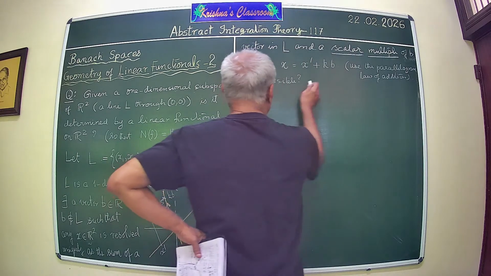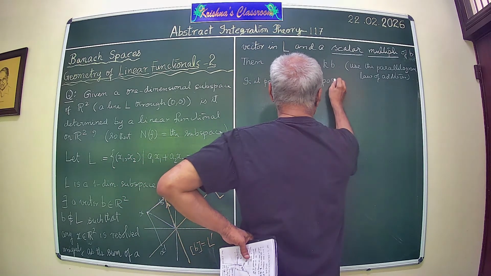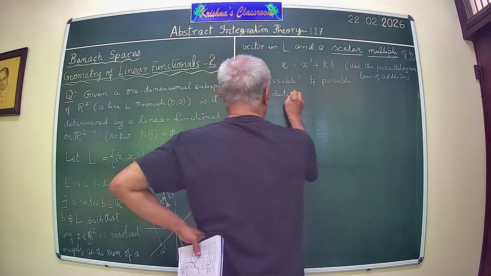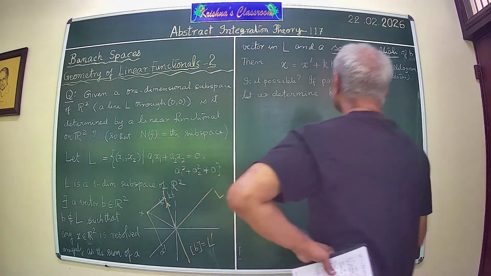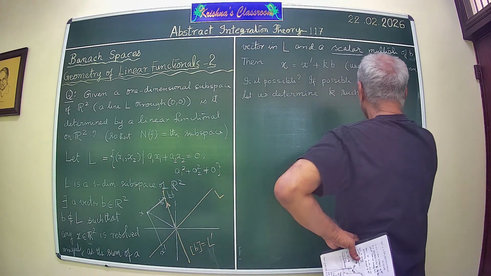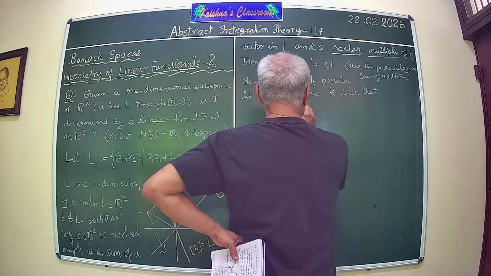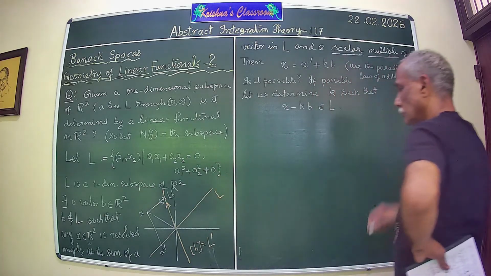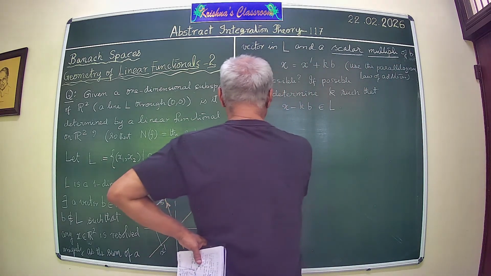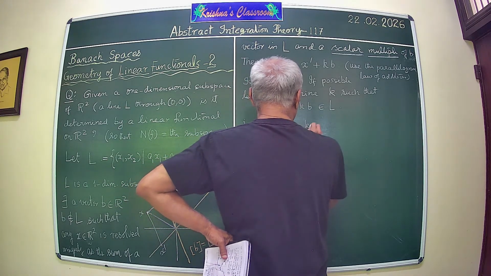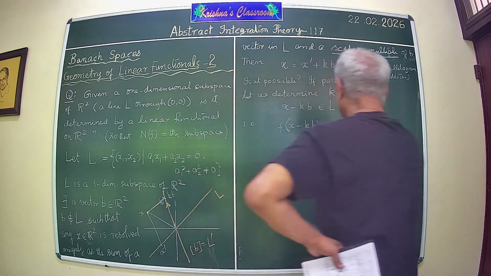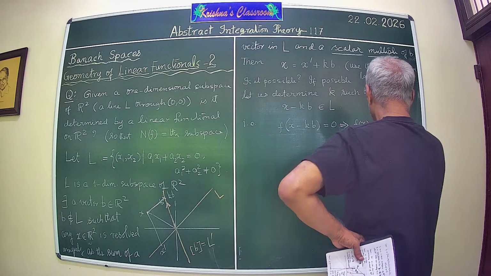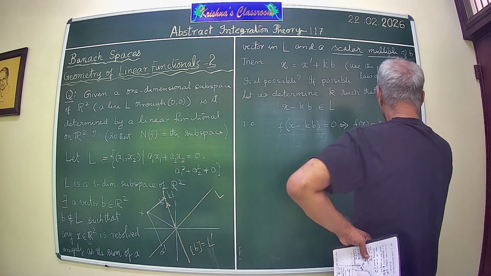So let us determine, if possible, k such that x minus kb belongs to L. That is, we want f of it equal to 0, and f being linear, which implies f(x) minus k times f(b) equal to 0.